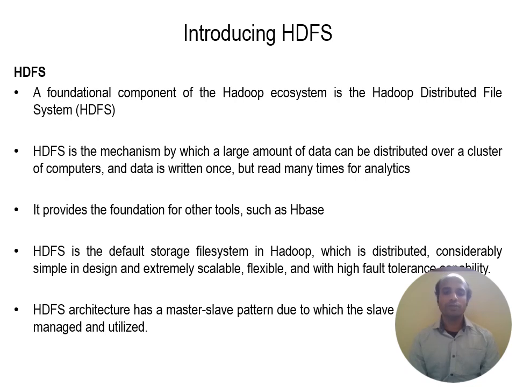So HDFS is the default storage file system in Hadoop, which is distributed, considerably simple in design, and extremely scalable, flexible, and with high fault tolerance. So default storage system, this has to be noted, which is distributed.